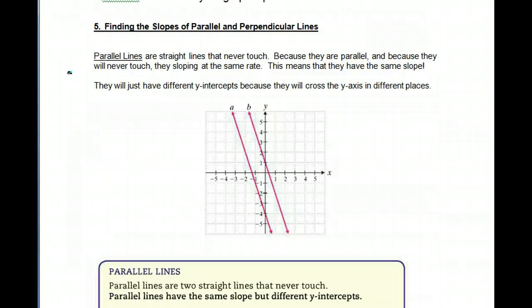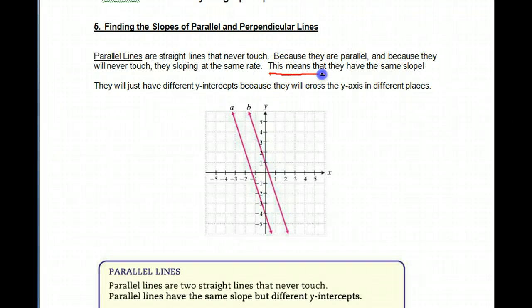Okay, topic 5. We are going to find the slopes of parallel and perpendicular lines. Parallel lines are straight lines that are never going to touch each other. Because they are parallel and because they will never touch, that means that they're sloping or falling or rising at exactly the same rate.